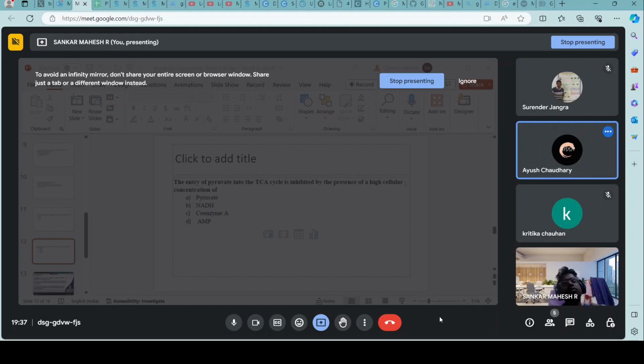It releases carbon dioxide plus NADH plus H plus. So a higher concentration will not allow the entry of pyruvate.